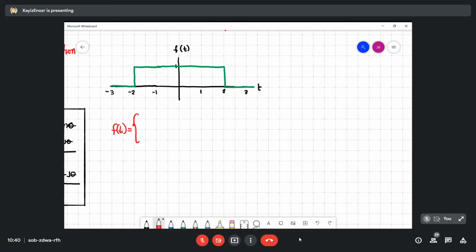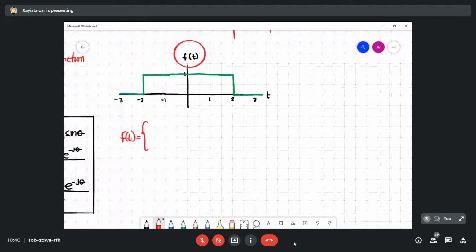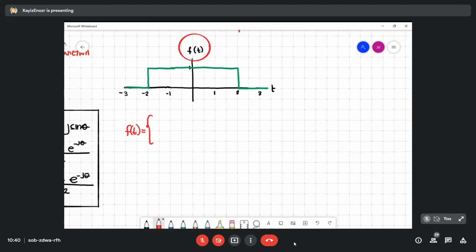Ano yung mga yon? So pag i-analyze nyo waveform, ano yung nakikita nyong values ng f of t? Ako kasi, dalawa lang yung nakikita kong values ng f of t dyan. So ano yung mga yon? Negative 2 at saka positive 2 po.